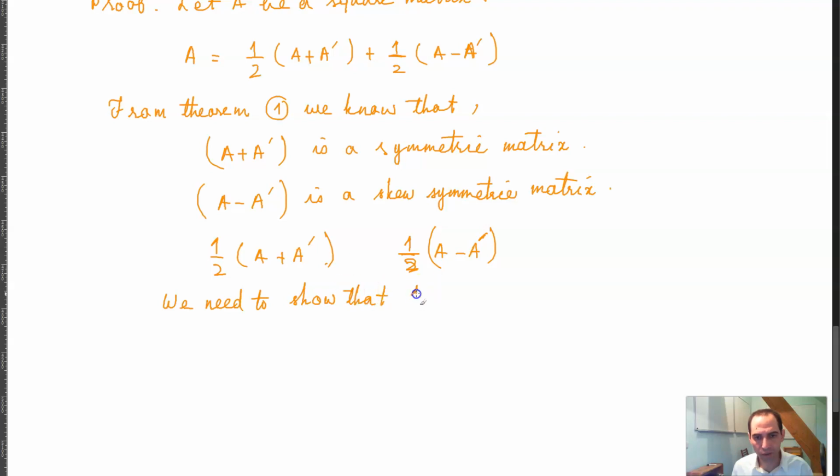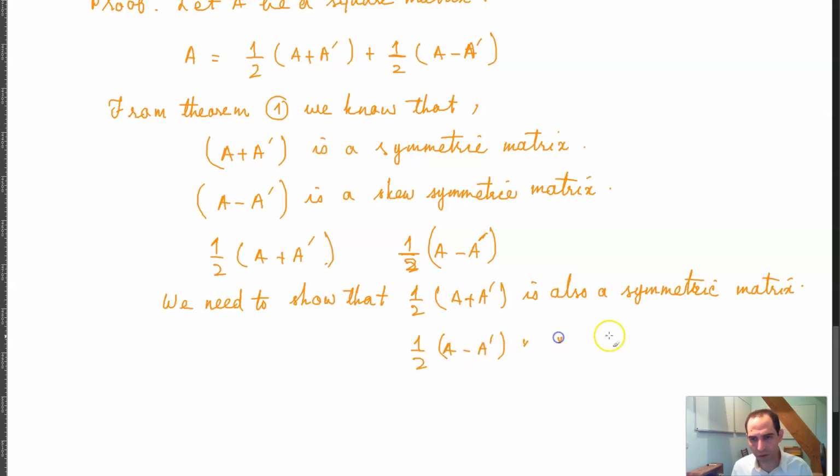1/2 of A plus A prime is also a symmetric matrix. And also we need to show that 1/2 of A minus A prime is also a skew symmetric matrix.